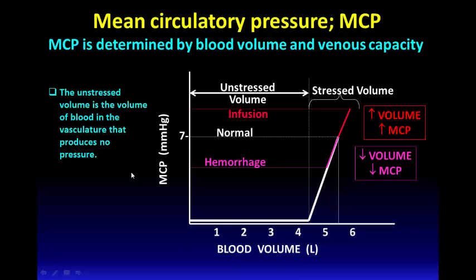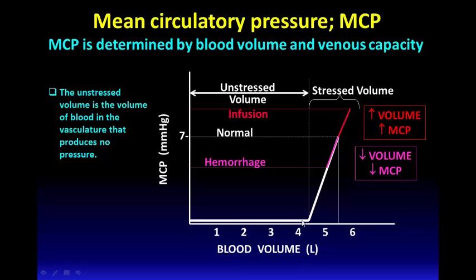The first volume is known as the unstressed volume, which is defined physiologically as the volume of blood in the vasculature that produces no pressure. So here we have, this is the unstressed blood volume. It is at this unstressed blood volume that the mean circulatory pressure is approximately 0.